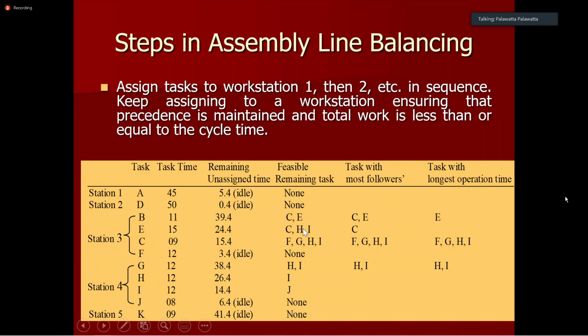The feasible tasks are C, H, I. C has more following tasks, that is 4, so C is allocated. Then 24.4 minus 9 gives 15.4. The feasible tasks are F, G, H, I, and F is allocated.